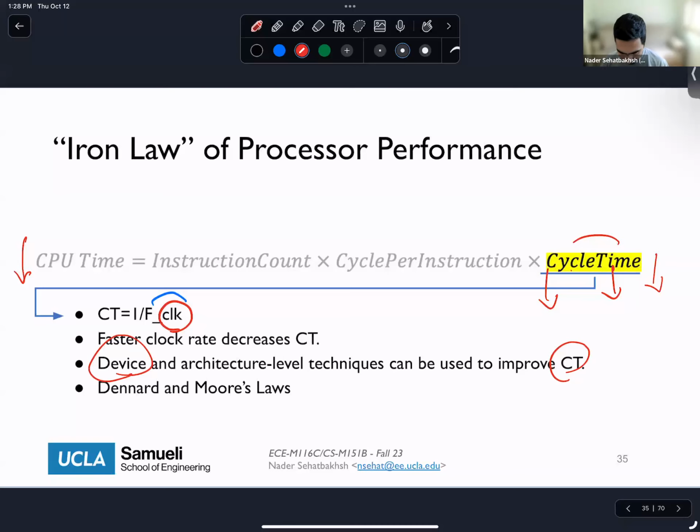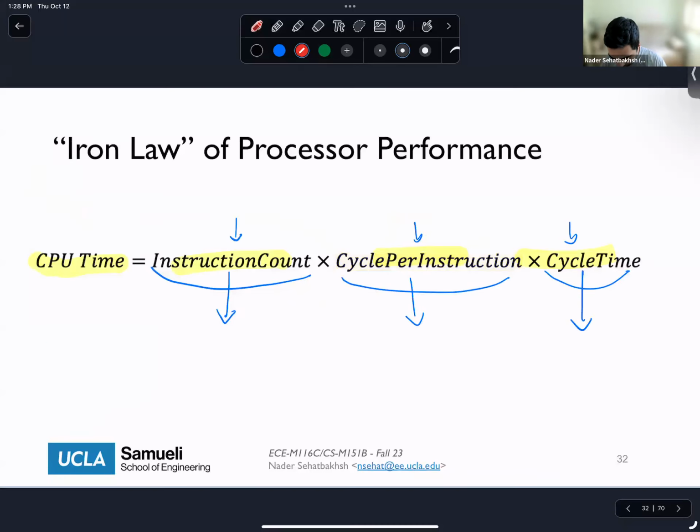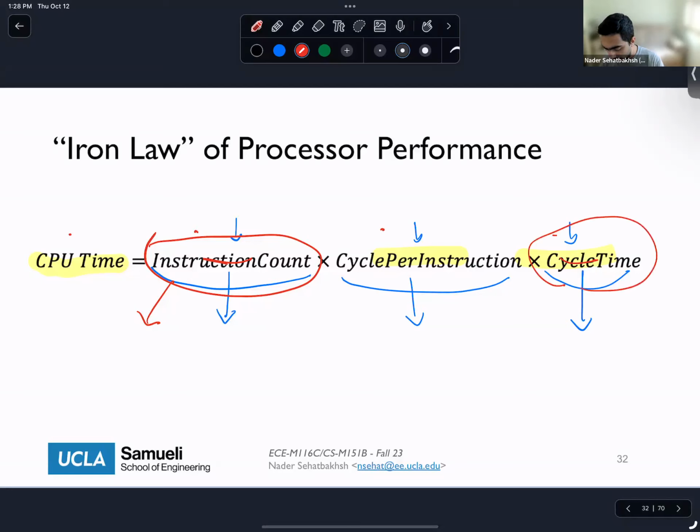Okay, so this is the last thing. And again, one more time, going back to this, our iron law is CPU time is equal to instruction count times CPI times CT, okay? And we want to talk about how to improve this. This one, and this one, there's not much you can do at the macro architectural level, because this is mostly depending on your algorithm or your compiler, and this mostly depends on the technology.